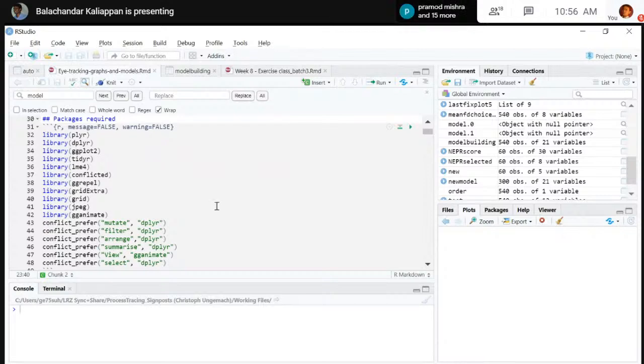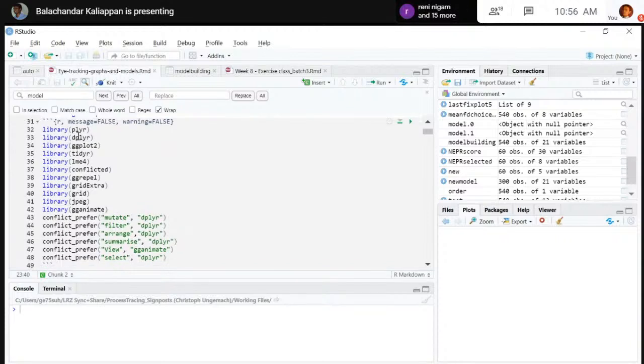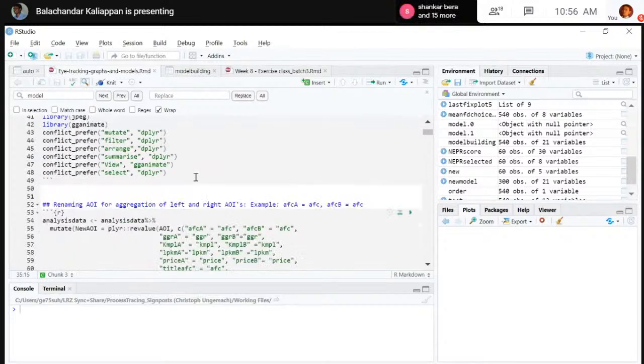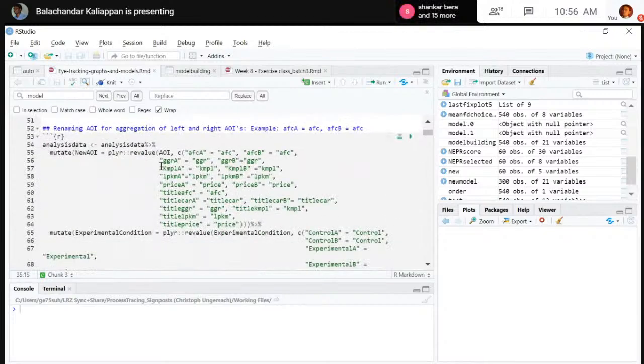For that, I need to load them up, and to load them I call a function called library. Later on, you can also manipulate the data. In the data manipulation, you can see I use dplyr pipes, and if you don't have any introduction to programming, it's better to learn about the dplyr package. With the dplyr package, it is easy for us to manipulate any data.